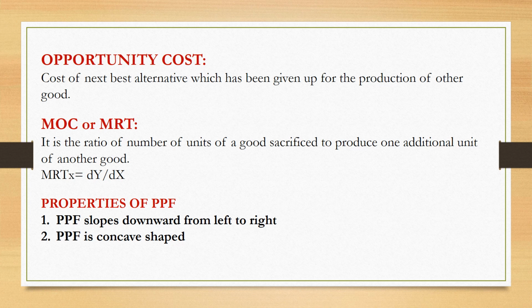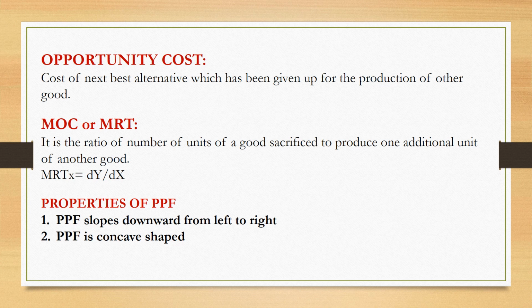Next are the properties or characteristics of the production possibility frontier. The first property is that it slopes downwards. The production possibility curve shows all the maximum possible combinations of two goods which can be produced with the available resources and technology.